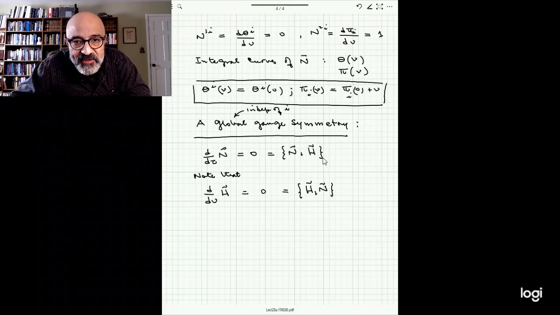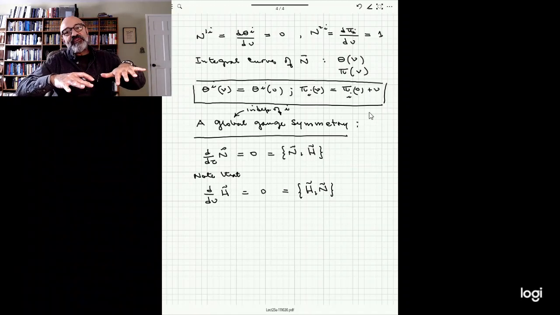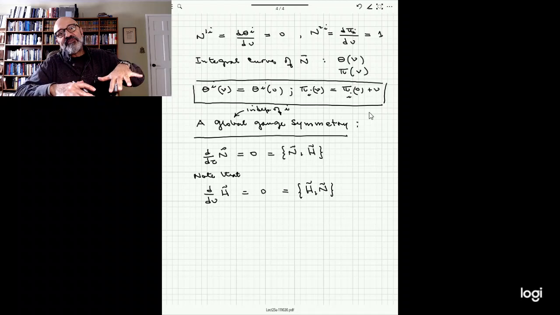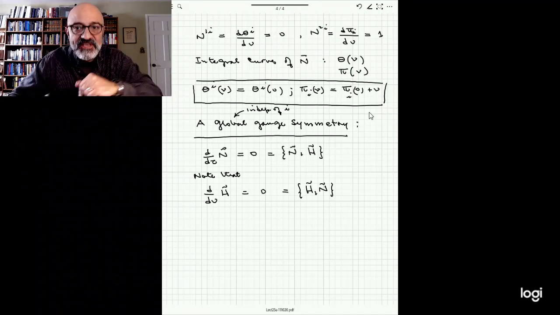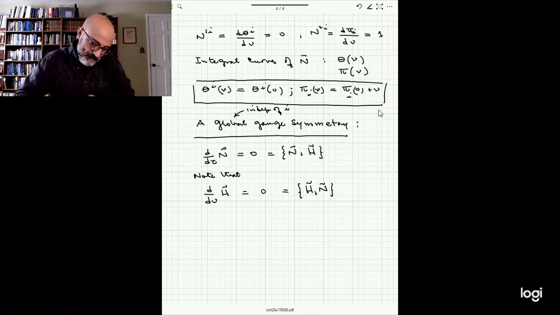If these were positions, if the I were positions of a particle, then the flow would be that you change the phase of the wave function all by the same constant factor independent of position. That's what that means. But we do not know that yet. That's for later.